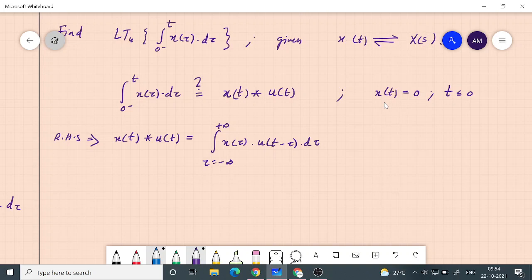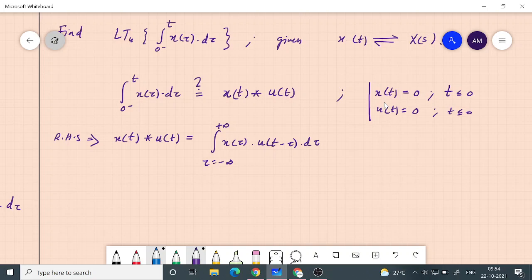So that's the formula. And since u of t is, by definition, also 0 for t less than or equal to 0, both functions are causal signals in this case. u of t is already causal, but we have insisted that x of t is also causal, so that the earlier property remains valid.